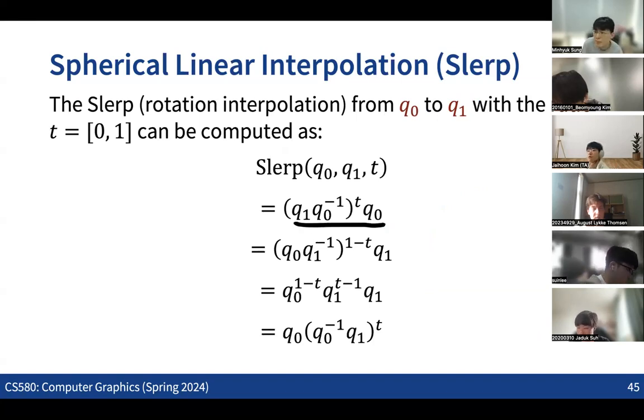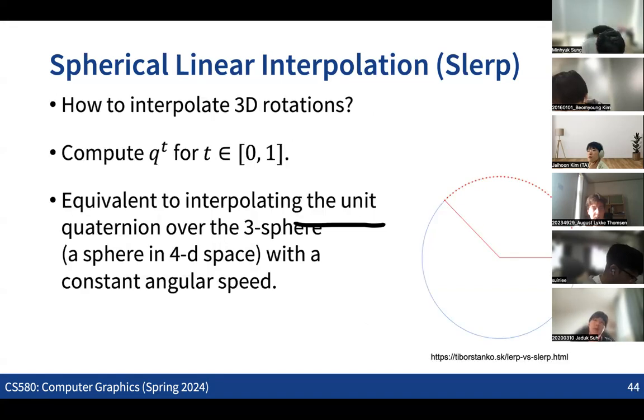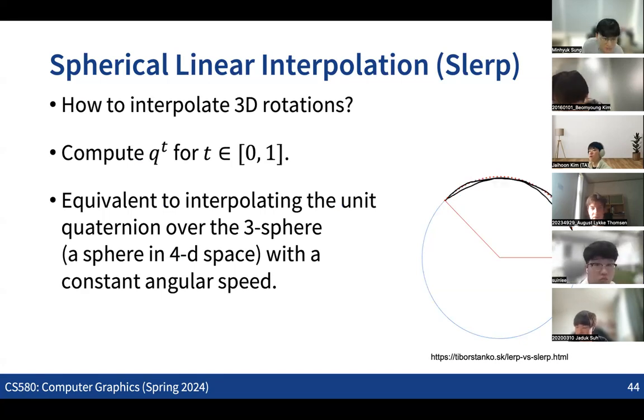Make sense? And one more interesting fact is that if we do this interpolation with the quaternions, that becomes exactly the same as interpolating over the four-dimensional sphere of the unit quaternion with a constant angle. This interpolation over the sphere is often called slerp, spherical linear interpolation.